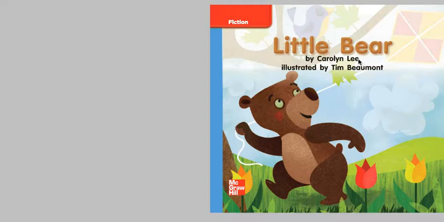Remember, fantasy stories are a kind of fiction story where things could not happen in real life. Okay? So a bear can't fly a kite. I would be afraid of something like that. So keep in mind that this is a fantasy story. And when we read, we always make sure we're tracking our print with our finger.